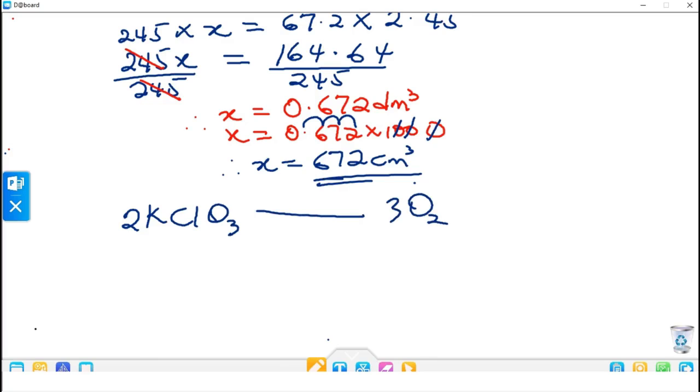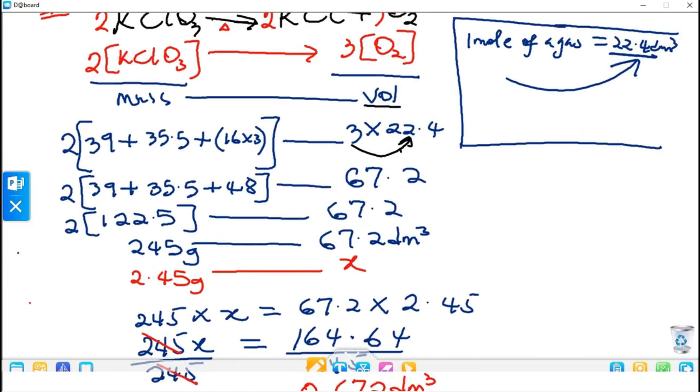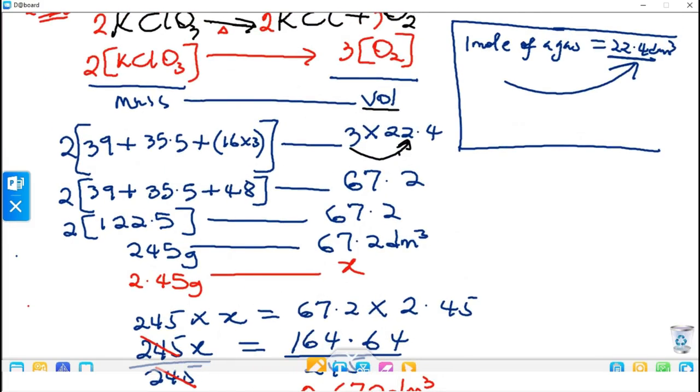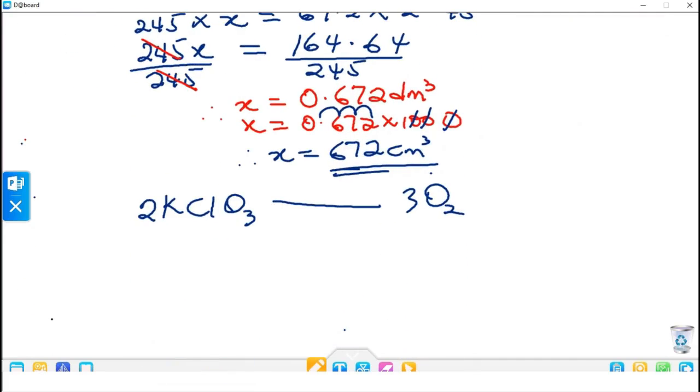But if you check this example, in the first example we were interested in the volume of oxygen gas. But now, the question wants us to calculate the mass of oxygen, not the volume of oxygen.